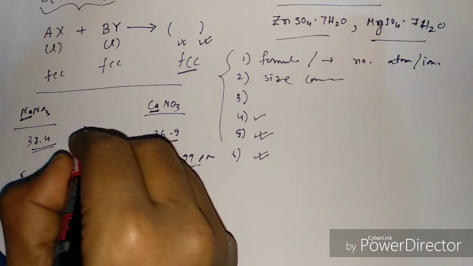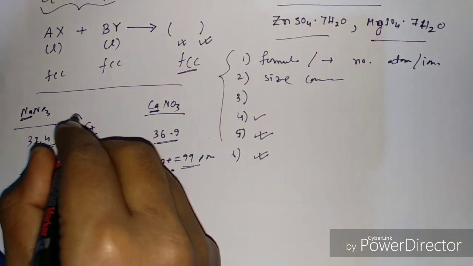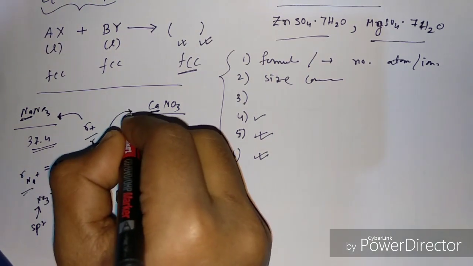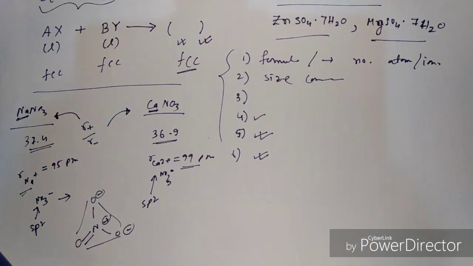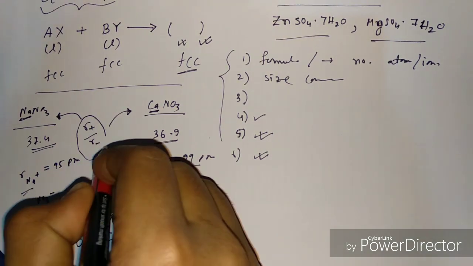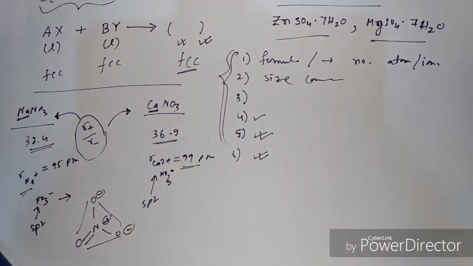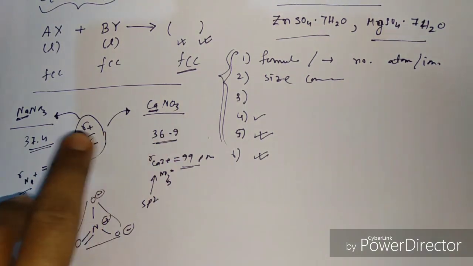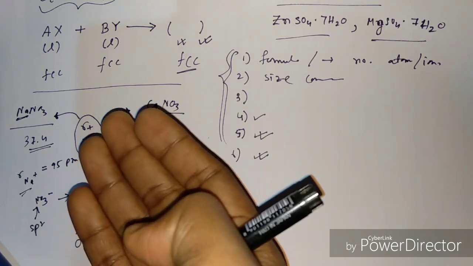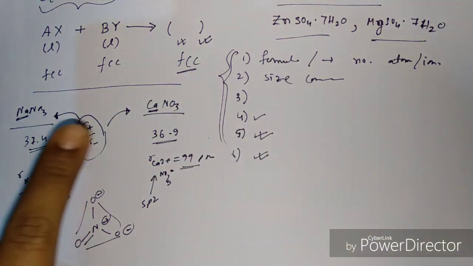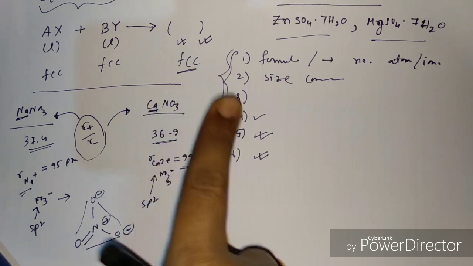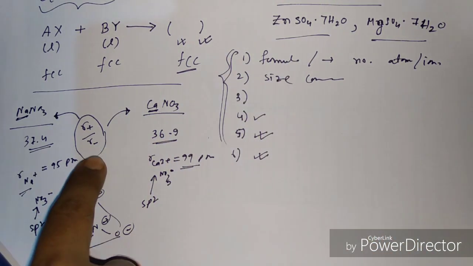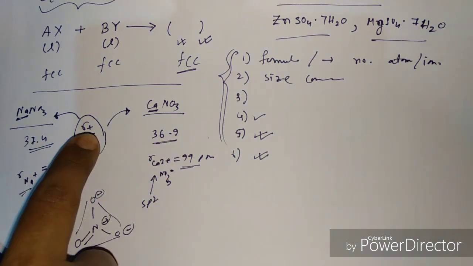And finally, the radius ratio, that is R plus by R minus for NaNO3, is nearly the same as R plus by R minus of CaNO3. So thus all the parameters of these 6 conditions are the same. Then they will be isomorphous to each other, right? As we know the definition of isomer, that is, there should be a similar formula but different geometrical configuration. But here they follow the 6 conditions, and thus they are isomorphous to each other.